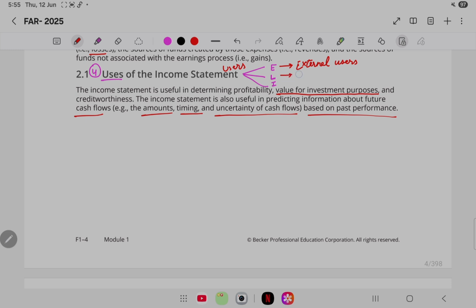The second is lenders. They could be short-term or long-term lenders, and they evaluate our income statement to check our company's creditworthiness. What factors do they look into? Our profit margin and our EBIT, and the higher the EBIT, the higher the credit rating.